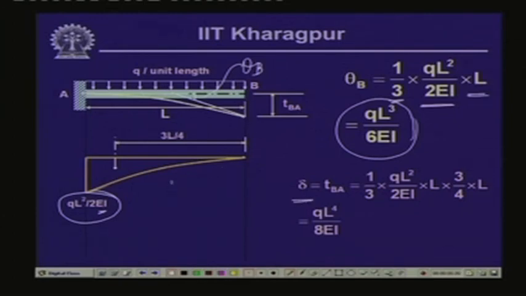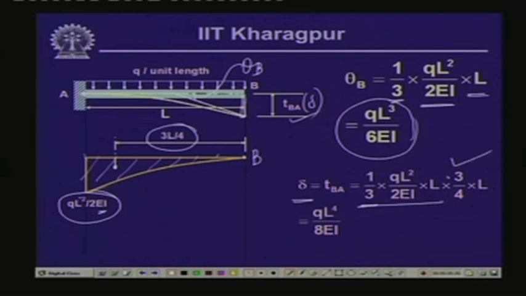And the value of delta, which is the tangential deviation of point B with reference to the tangent drawn at A, is nothing but the deflection of this particular beam. That should equal the moment of the M by EI diagram between these 2 points. So, this is the M by EI diagram, and if we take the moment of this diagram with reference to point B, then we get the value of delta, where the area is 1/3 into QL square by 2 EI times L, and the CG distance from here is 3L by 4.